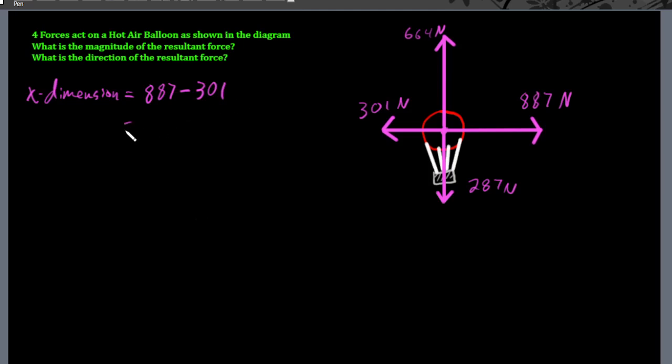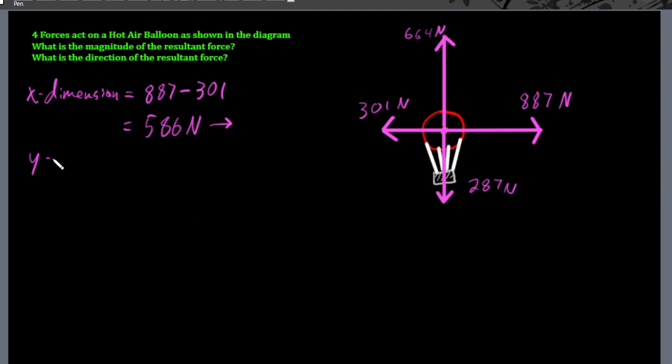So in the x dimension, we have 887 minus 301. Crunch that on your calculator real quickly: 887 minus 301 looks like 586. So 586 newtons to the positive side, or to the right.